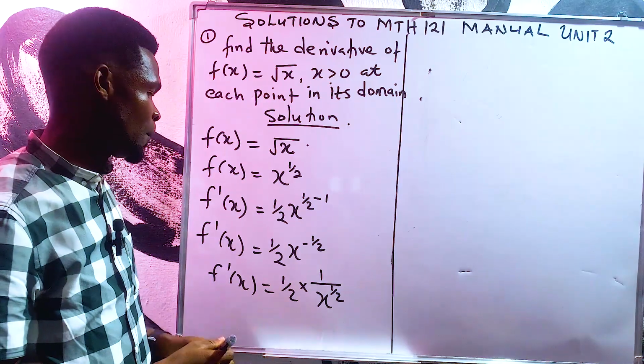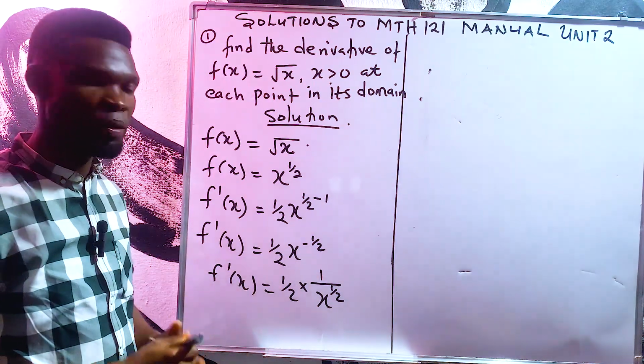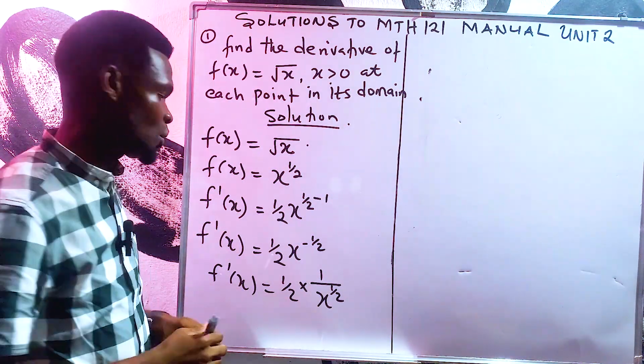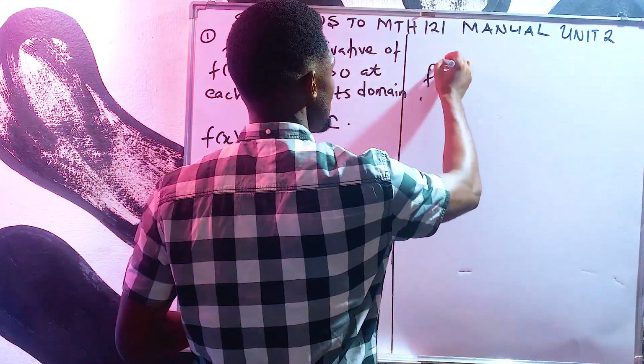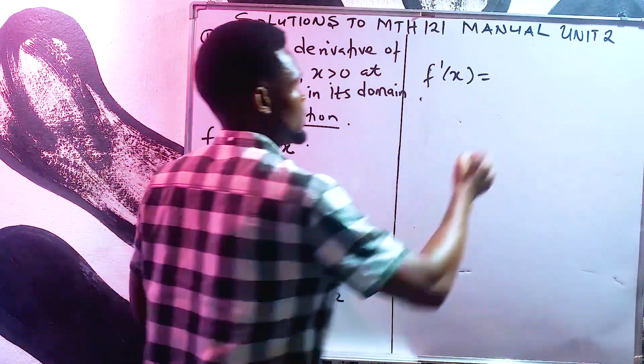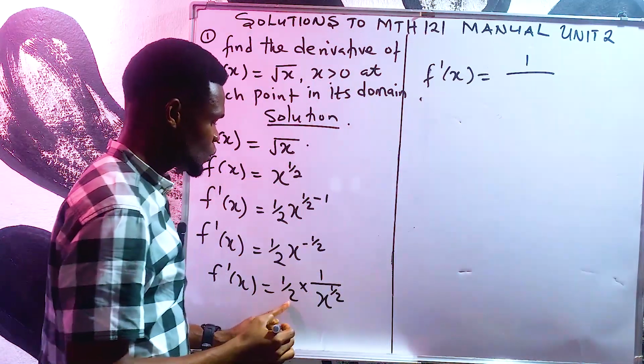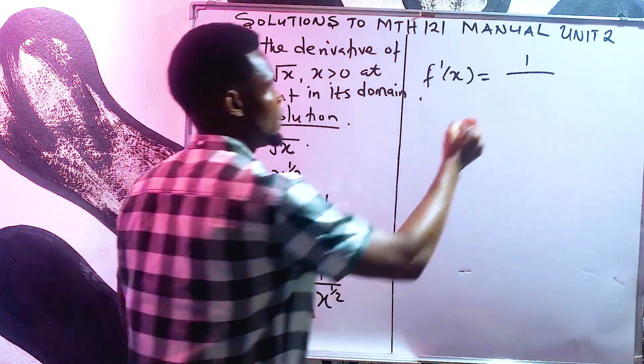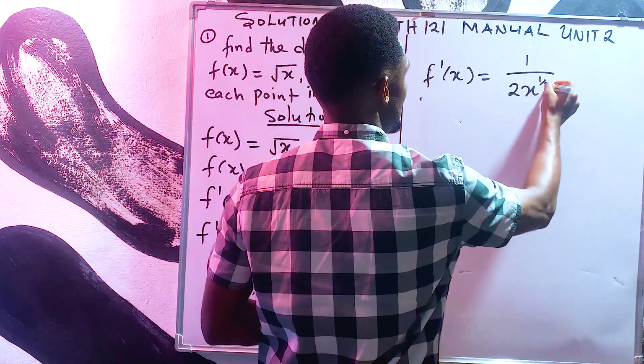Okay, from here now, this is numerator times numerator, denominator times denominator. So that means that f prime of x is equal to 1 times 1 is 1, all over 2 times x raised to the power half, which is 2x raised to the power of half.